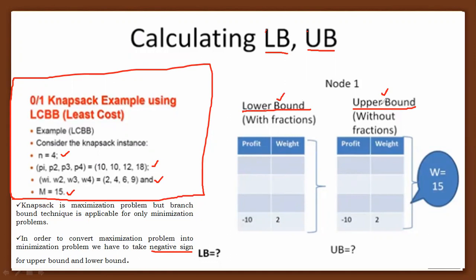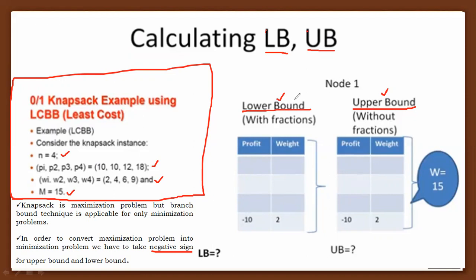Lower bound means fractions are also allowed. That means you have the provision to break the items into some number of pieces. To calculate the lower bound, fractions are allowed. While calculating the upper bound, fractions are not allowed.